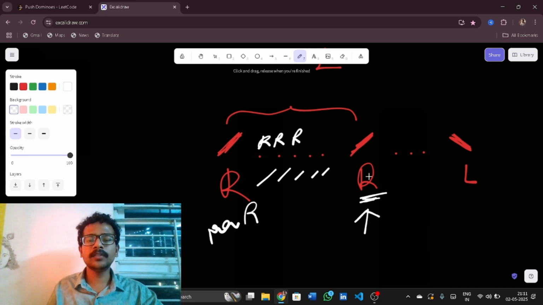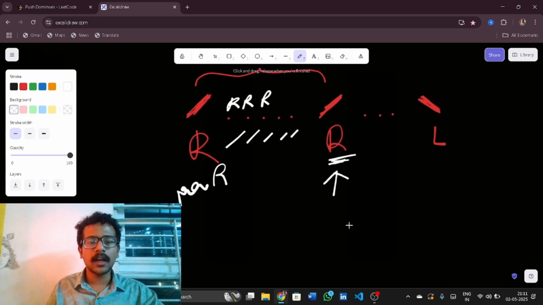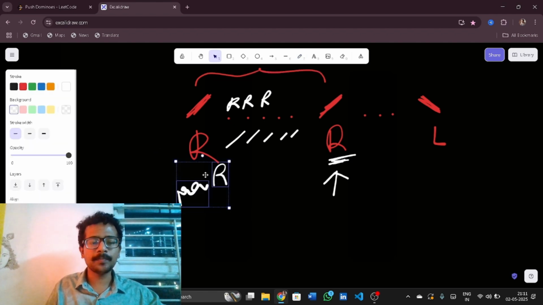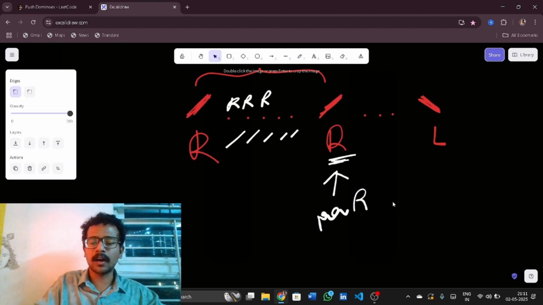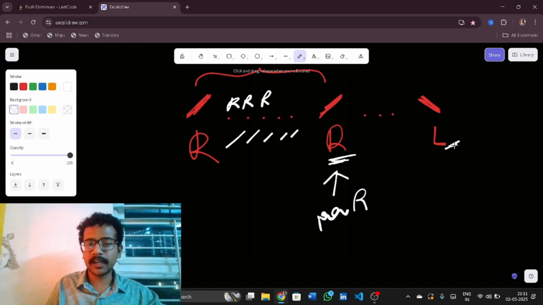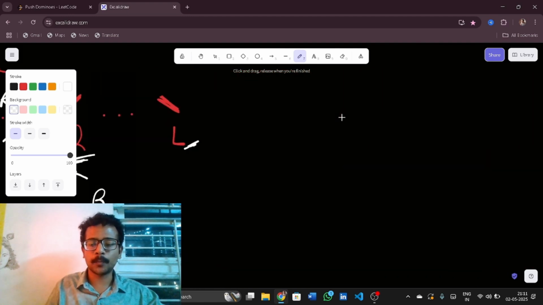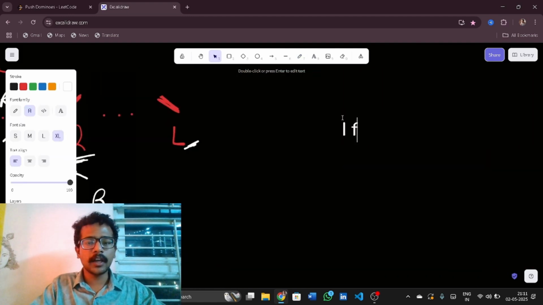Now I have this R and I have this L. Now what will my previous R become? Previous R will become here. Now I have this L. I said you again R and L, what I need to do. So I am writing it here.